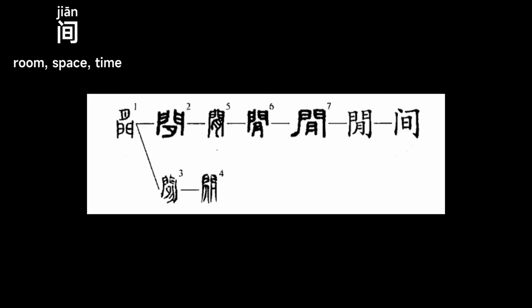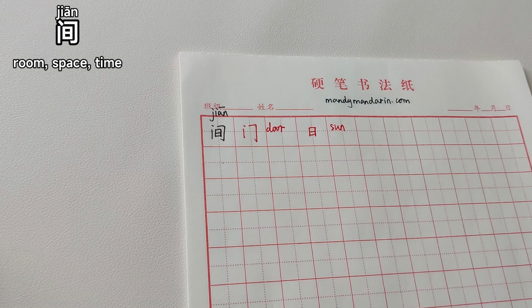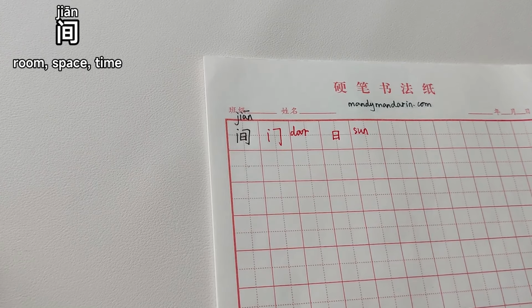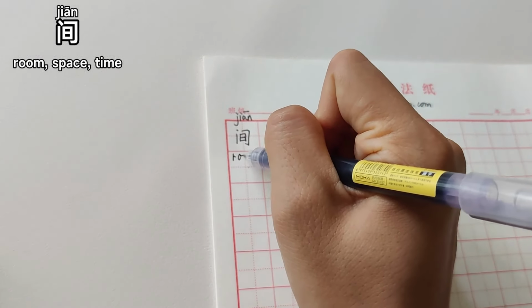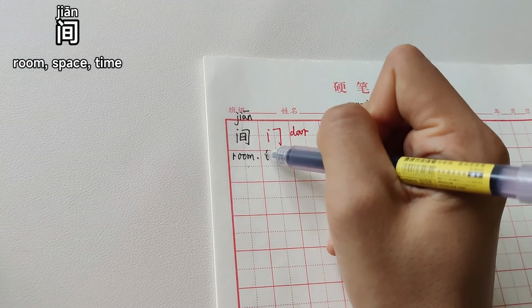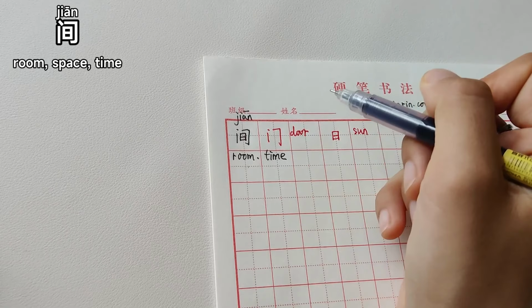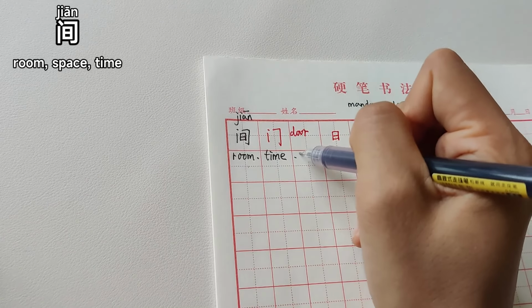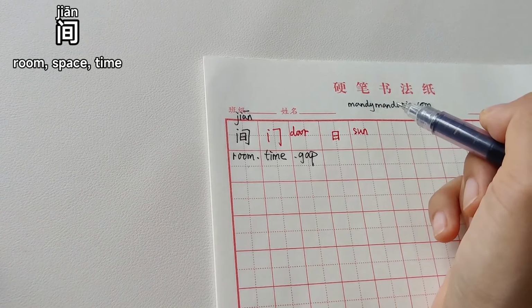Here is the evolution of this character, 间. You can imagine this is like a room, and inside the room you can see the sunrise and the sunset. So that's how you know the time. So for the 间, it could mean room. It's really physical. And if you get to more abstract, it could mean time and gap.